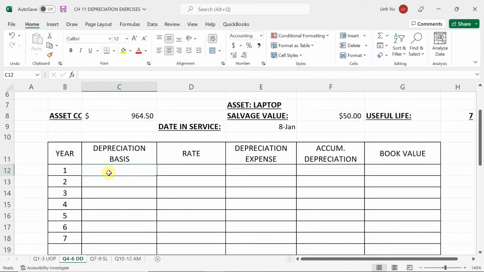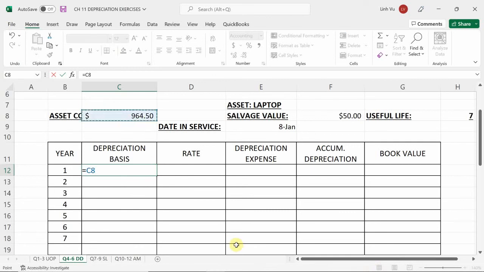1 divided by the year times 2. That's the rate. Okay, the depreciation basis would be the $964.50. Good. In this case, it's the beginning of the year's book value.